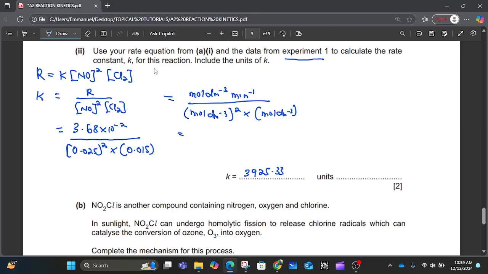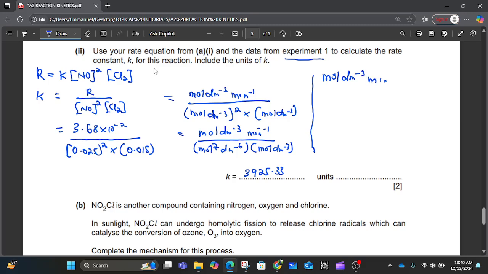And so this will mean we have mole per decimeter cube per minute over mole squared decimeter minus 6, times mole per decimeter cube. So we get mole per decimeter cube per minute divided by mole exponent 3 decimeter minus 9.